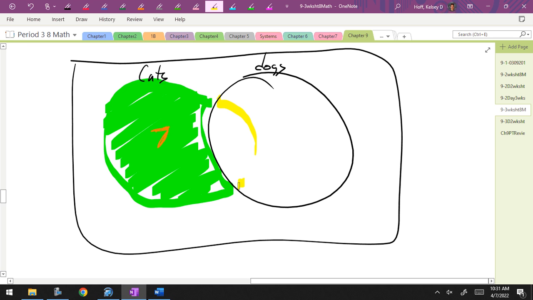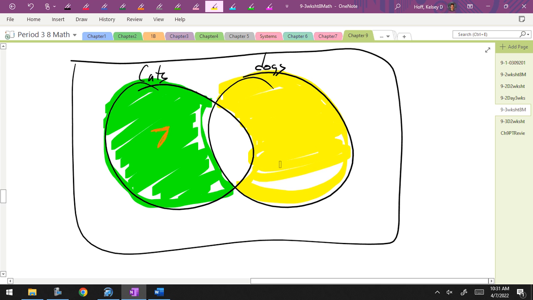What about this one? They only like dogs. What do you know about cats? They don't like cats. So they said yes to dogs, no to cats. Then this section right here means they said yes to both, okay?